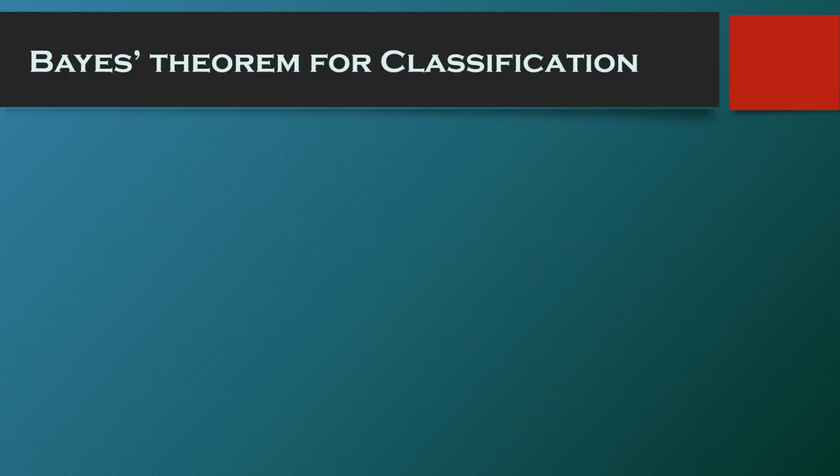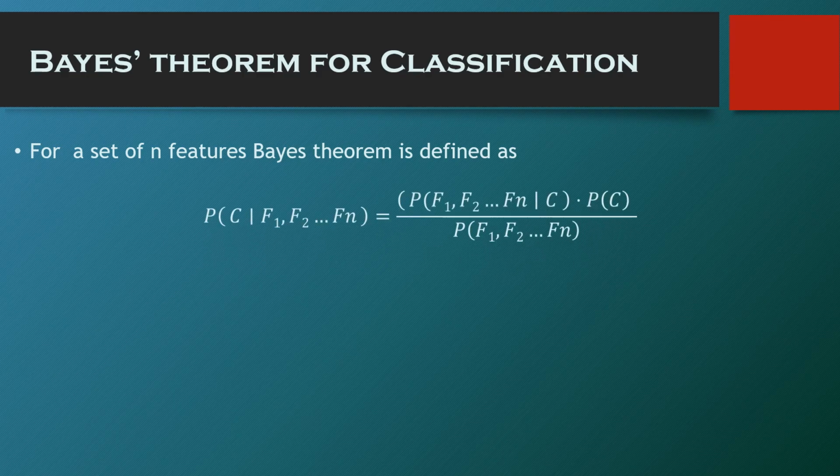For a set of n features, Bayes theorem is defined as the conditional probability of class C given features F1, F2 up to Fn is the ratio of the product of the probability of class C and the probability of features F1, F2 up to Fn given class C to the probability of features F1, F2 up to Fn.